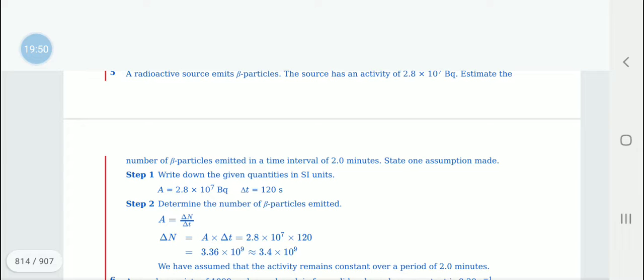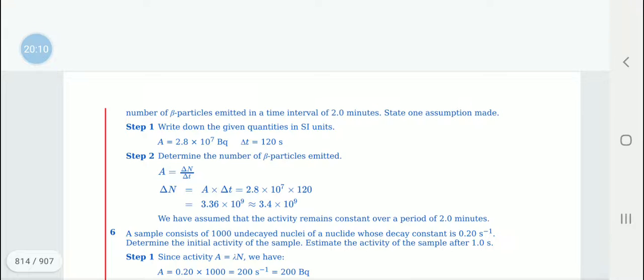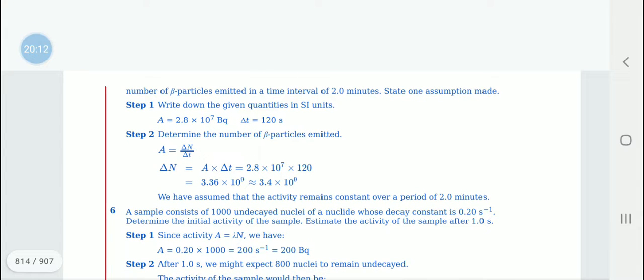A = ΔN/Δt. ΔN is what we need to figure out, that is A × Δt. The activity is 2.8 × 10⁷ multiplied by Δt of 120, which gives 3.36 × 10⁹ beta particles emitted during this time period.